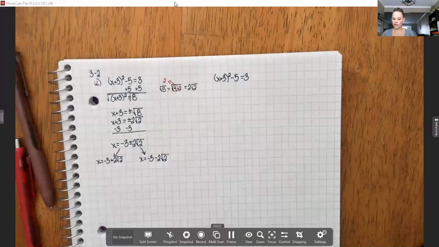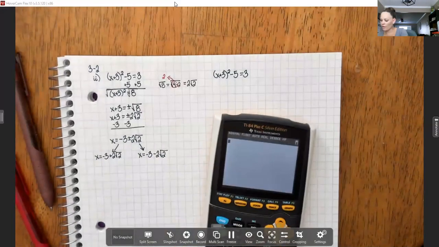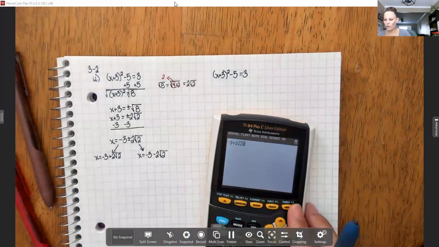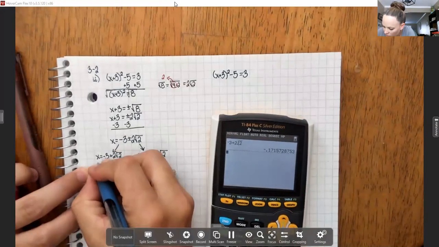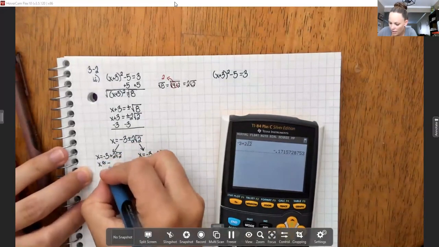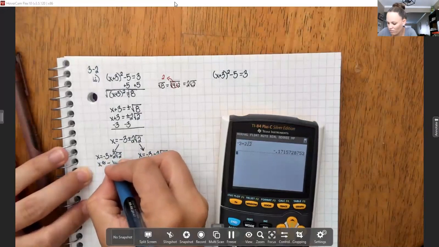We can turn these into decimal answers as well. So remember on your calculator, if you were doing that, it would be negative 3 plus 2 root 2. You'd want to type it in like that. So this is approximately negative 0.17.